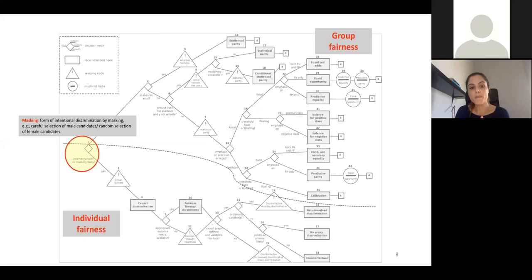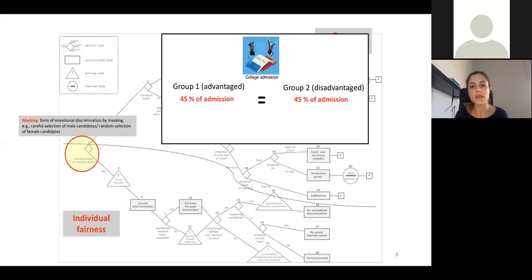Now, masking is a form of intentional discrimination that allows decision makers with prejudicial views to mask their intentions. Again, let's take an example. Assume we have a fairness notion that requires an equal number of applicants from two different ethnic groups to be admitted to a college.